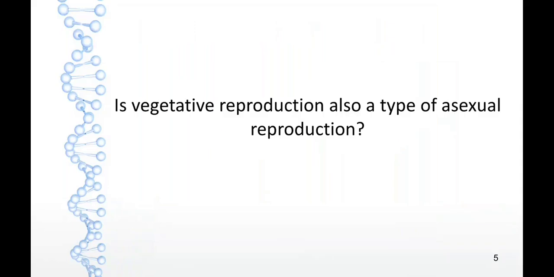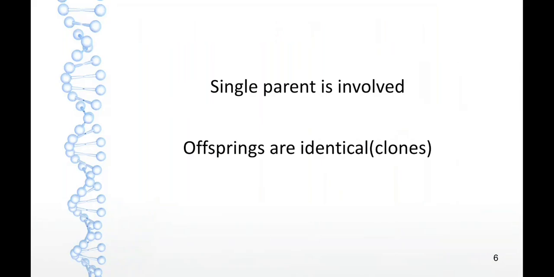So my question is, is vegetative reproduction also a type of asexual reproduction? Yes or no? Surely it is yes. The reason is that only a single parent is involved and offsprings are identical to the parent and to the siblings. Here in vegetative reproduction, it is uniparental.